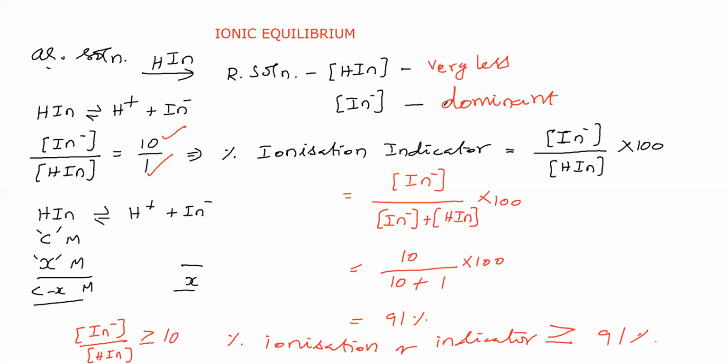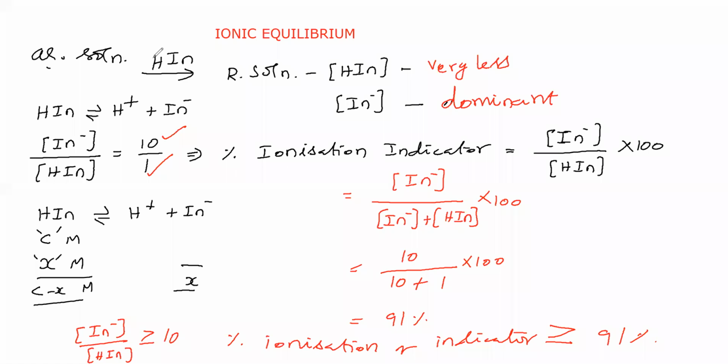So if the ratio in this resultant solution is like this, then out of these two, IN minus concentration will be dominant. Then this resultant solution will exhibit the color of IN minus. So if you add this indicator to this aqueous solution, you get the resultant solution.